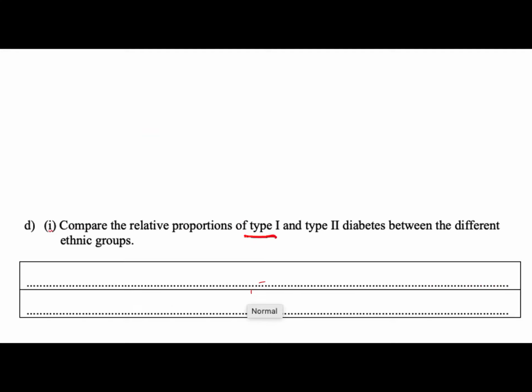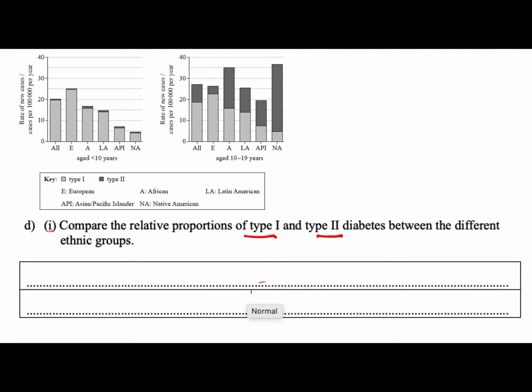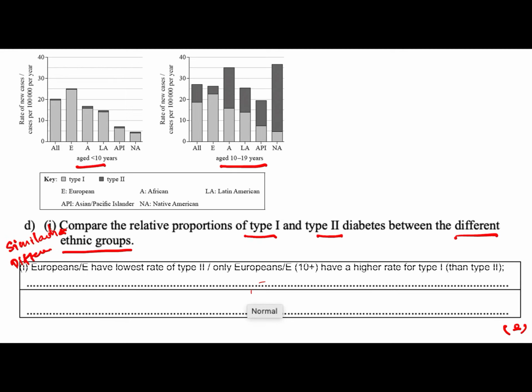Next question: the relative proportion of type 1 and type 2 diabetes between the different ethnic groups. It is a very wide question, and it is again a 2 mark question, so you have to give 1 similarity and 1 difference. No age group is given, so you can get the information from anywhere, but it should be very clear. One is given: European have the lowest rate of type 2 diabetes.